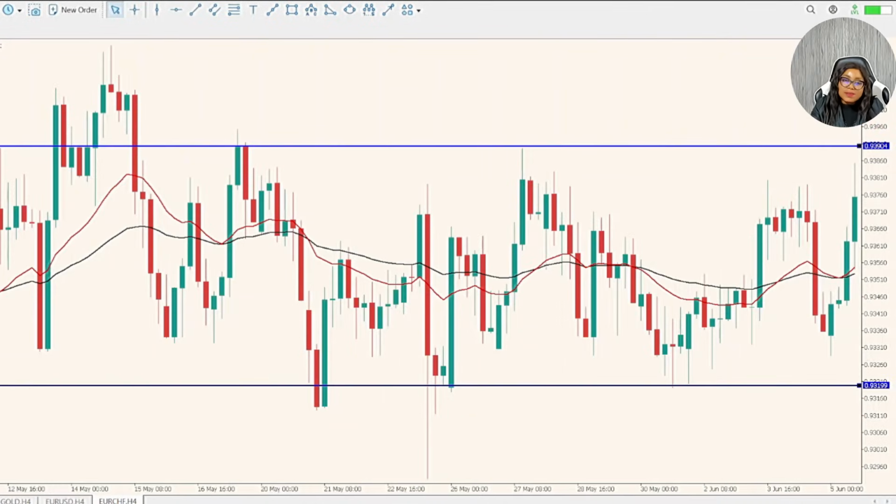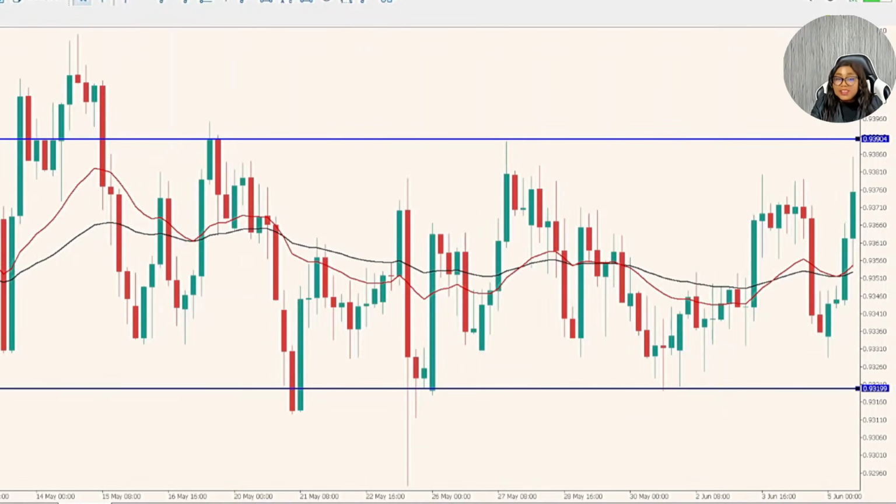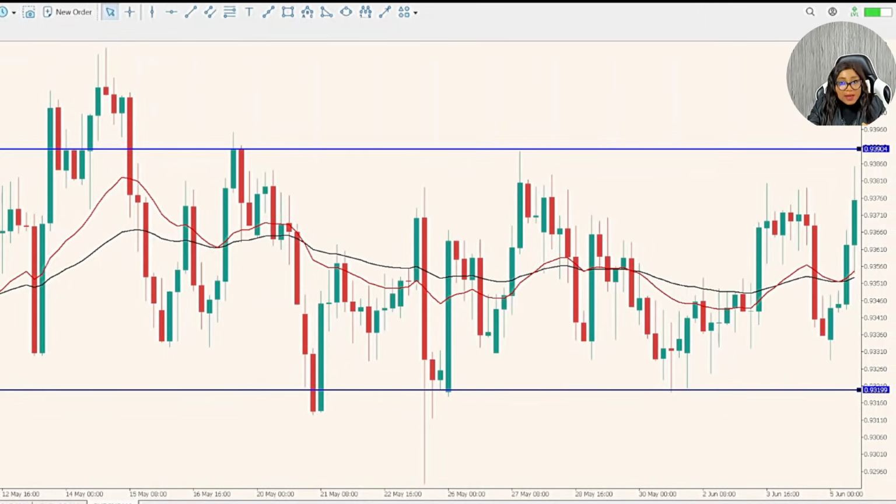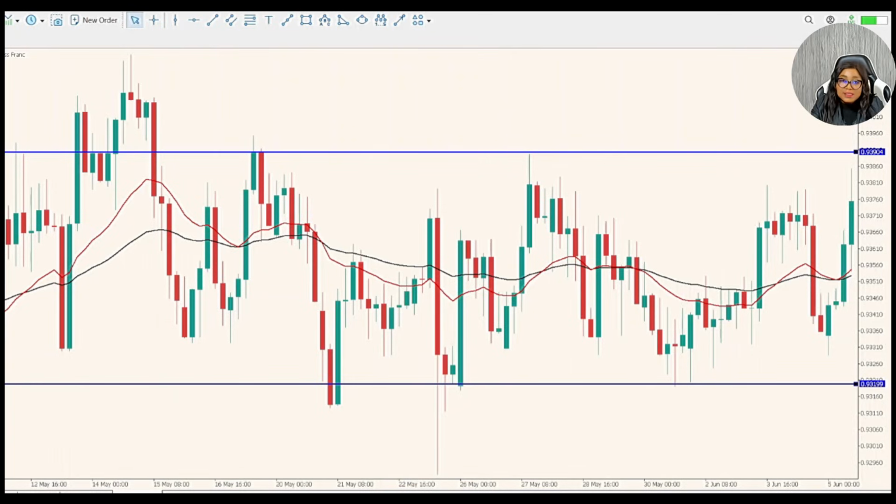So what works in a ranging market? The truth is, in this kind of environment, pullback strategy would fail, breakout strategy would fail, trend following strategy would fail. So what works? What would work in a ranging market is you finding your sell anywhere close to the resistance level, maybe after a touch of the resistance or the price has gone close to the resistance, and then there's a bounce, a good candle pattern like an engulfing bearish candle showing that the price wants to push down now.